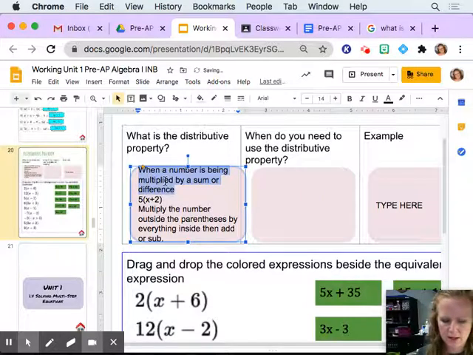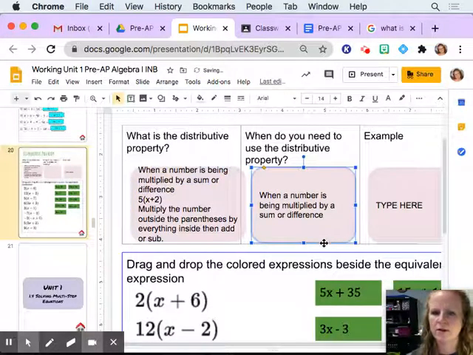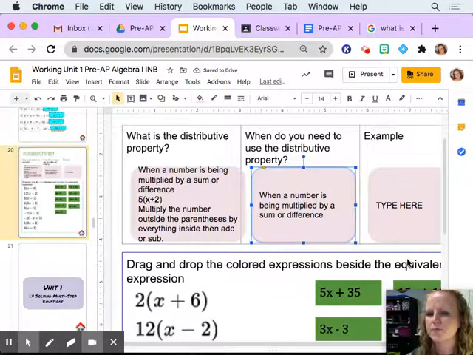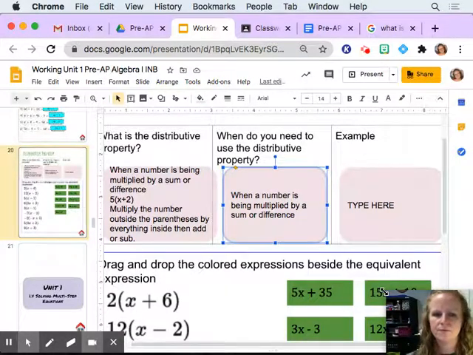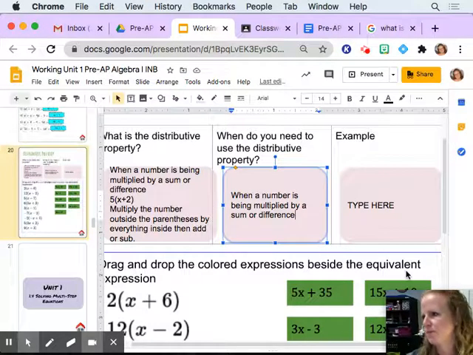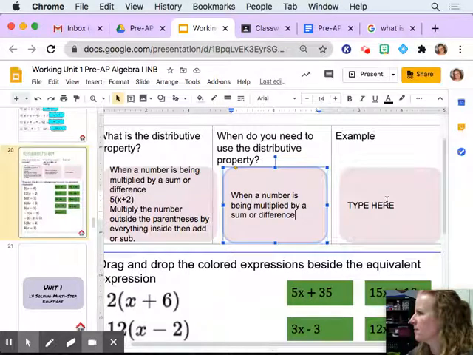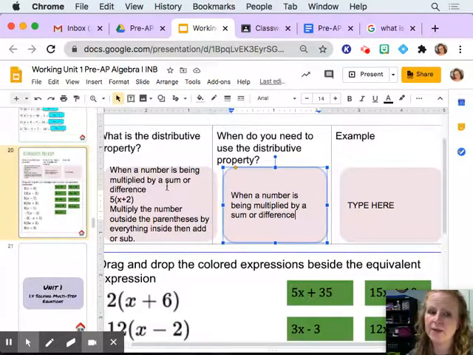Well, I'm going to copy it and paste it over here. I just copied and pasted this over here, so you don't have to retype it. Just copy and paste it.